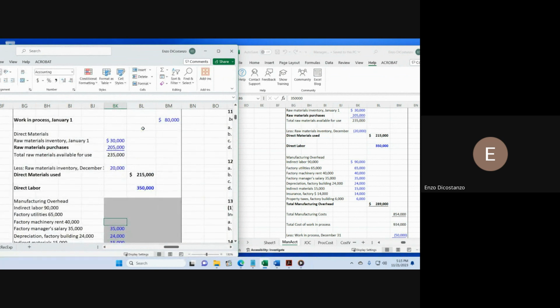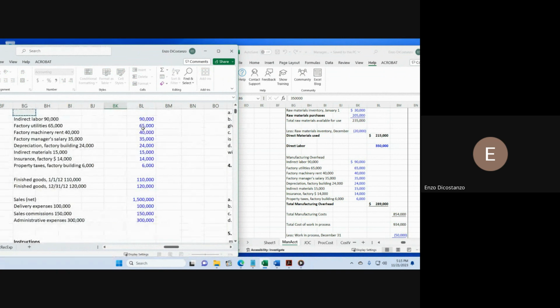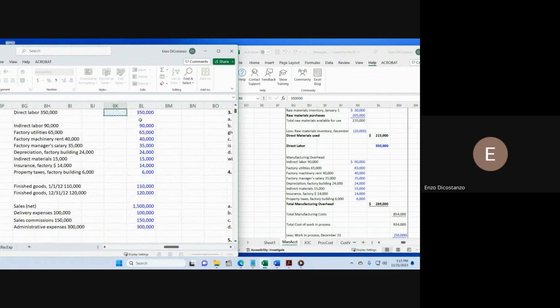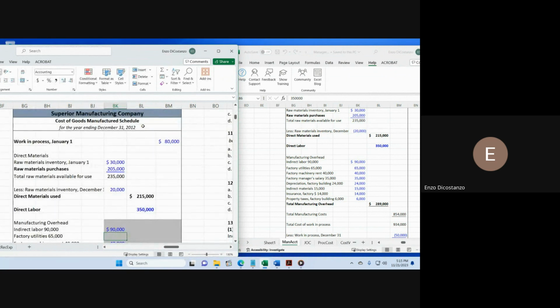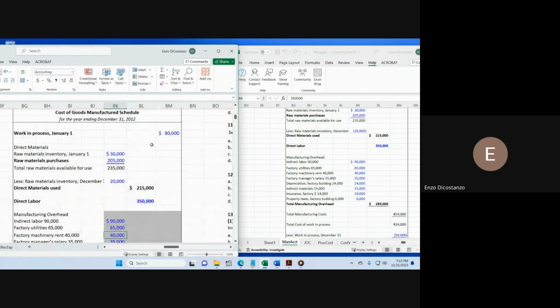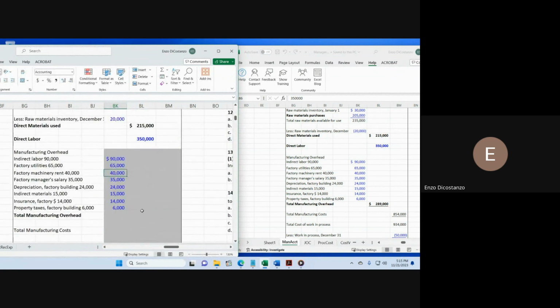your manufacturing, the rent, the manufacturing facilities rent, 40, and then 65 and 90. And again, these are listed here, sort of in the perfect order as you're doing them too. So, okay, and then you slide over right there.